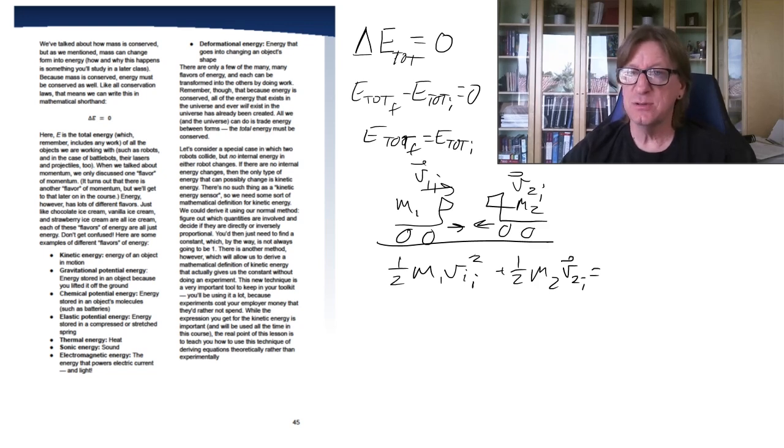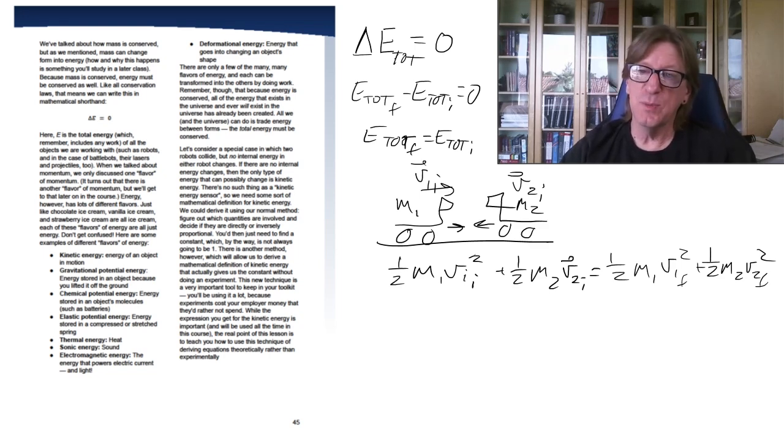That's the initial total kinetic energy, and we're assuming that's the only energy in the system. And then afterwards, it's going to be 1/2 m1 v1 final squared plus 1/2 m2 v2 final squared. So that then is a way of saying conservation of energy.